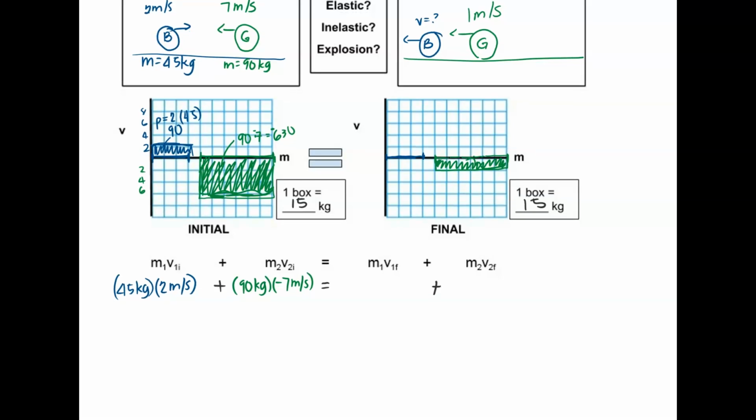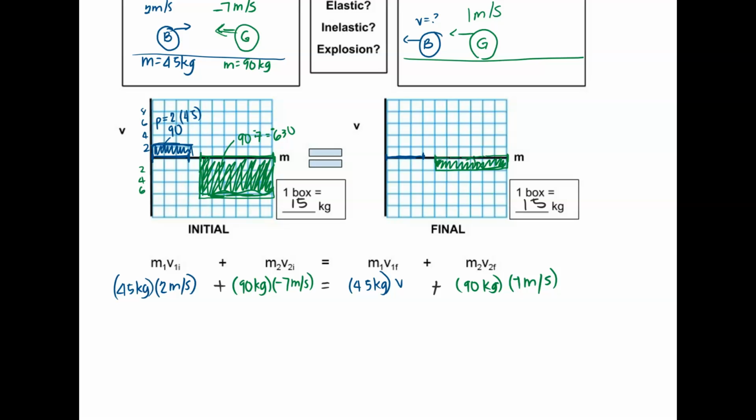Because we've determined he's traveling to the left, then that will make him negative. And then Bruce, afterwards, we know is still 45 kilograms, but then we don't know his velocity. And Griff, we know, is still 90 kilograms, and now is traveling at 1 meter per second in the negative direction.